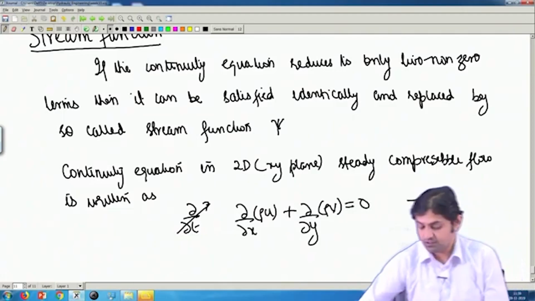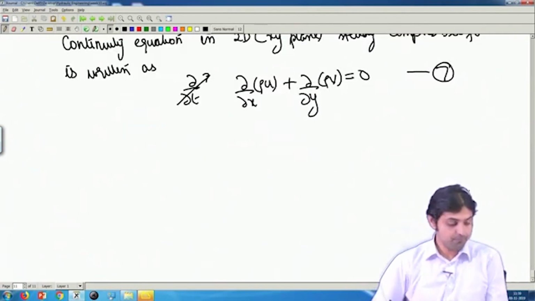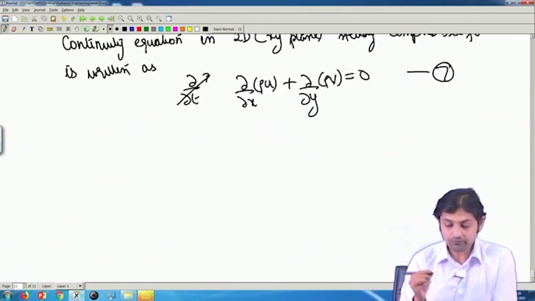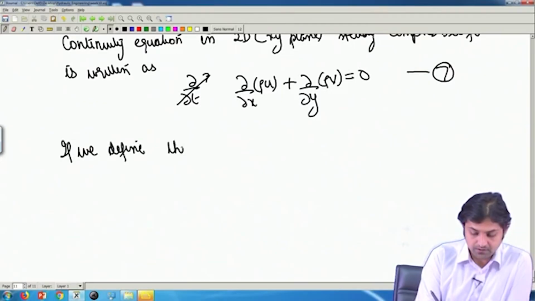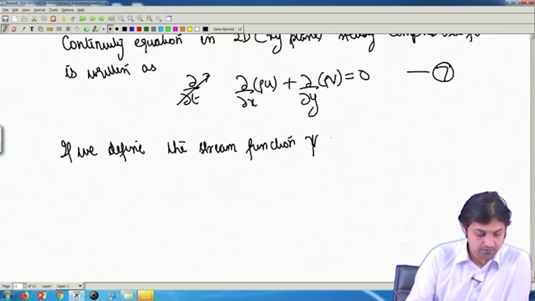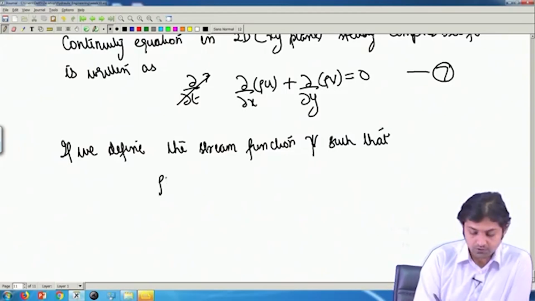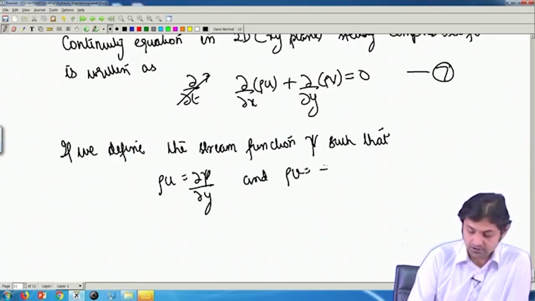This is equation number 7. All right. If we define the stream function psi such that rho u is del psi by del y and rho v is minus del psi by del x.